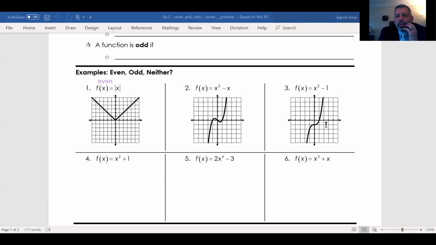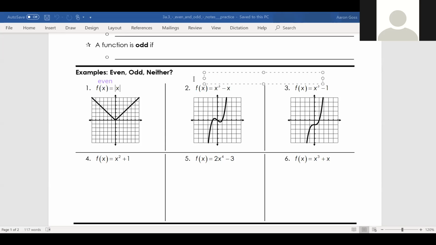Look at number 3, it can be even, odd, or neither. If I look at this one, I can look at it algebraically. That's x cubed, I think that's a 3, and that's a 1. So those are both odd numbers, and I know it's going to be odd because those exponents are odd. But if I look at it graphically, I should get the same answer.